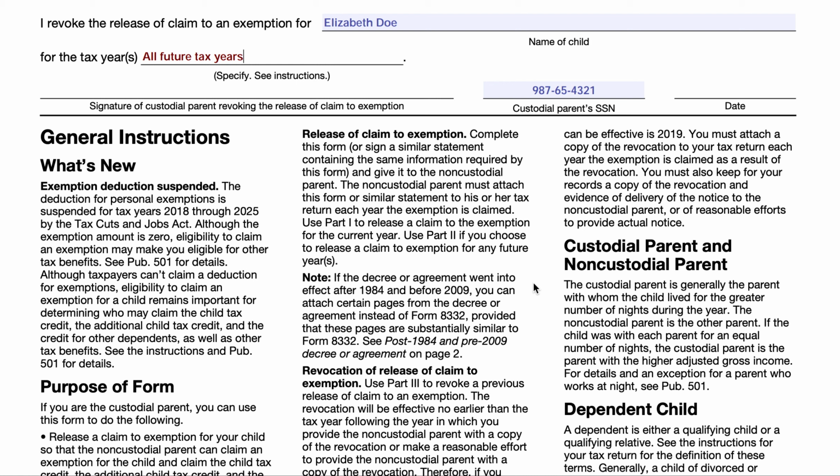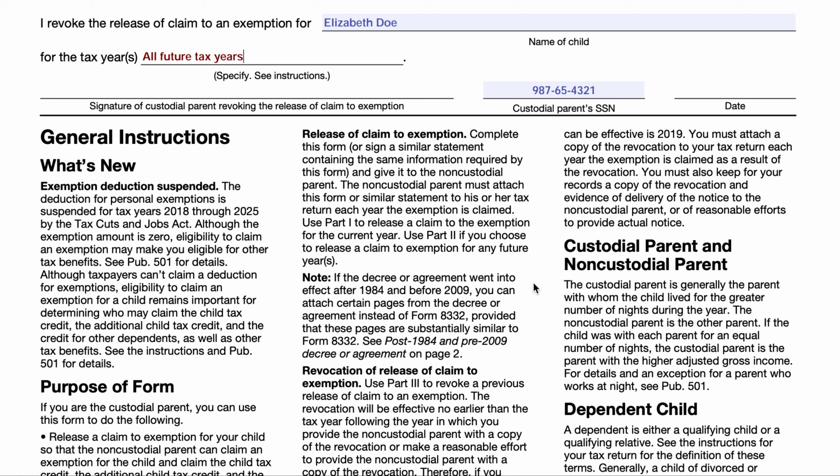For tax purposes, generally, the custodial parent is the one the child stayed with for the most days during, or the most nights, technically, during the tax year. So if there's a 365-day tax year, generally speaking, even if they try to split equal custody, one parent will have still spent more time than the other with that child.